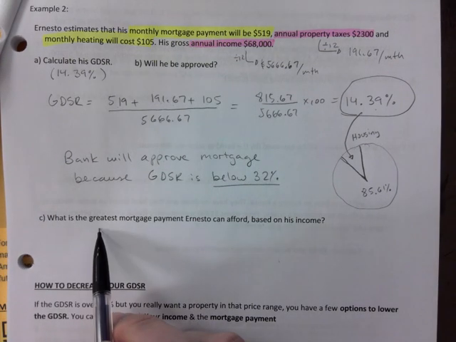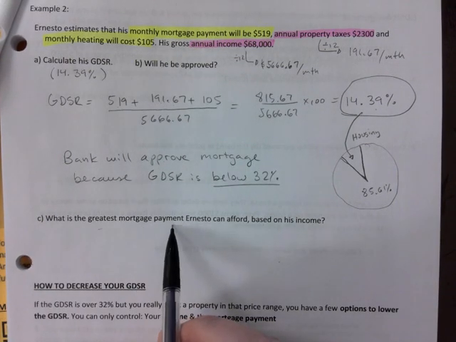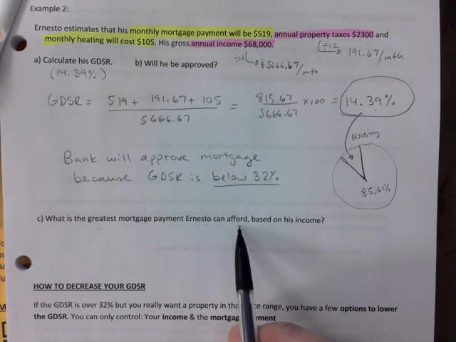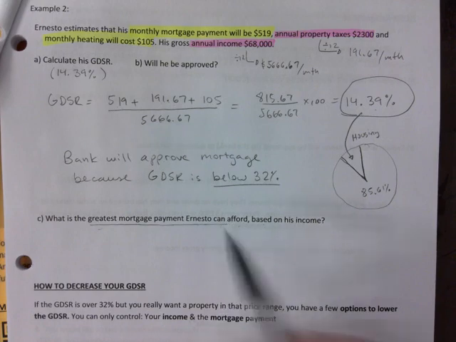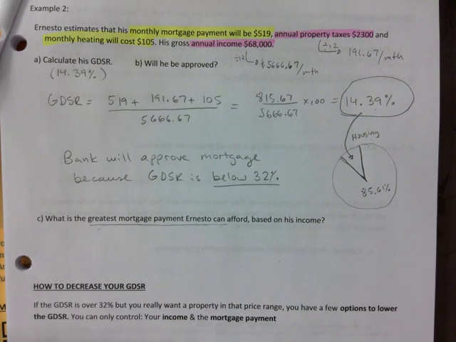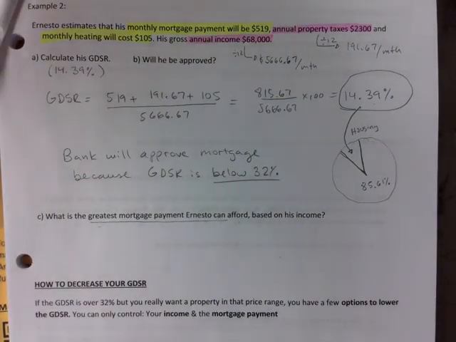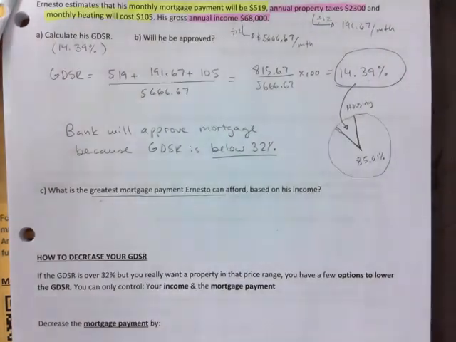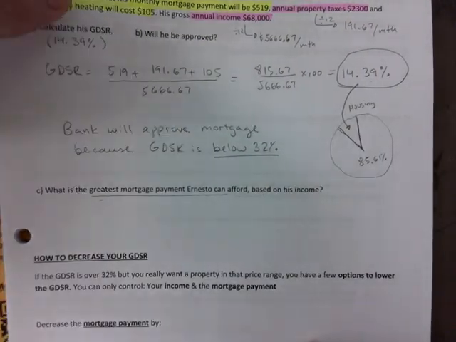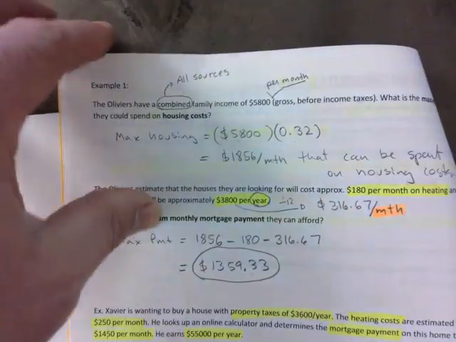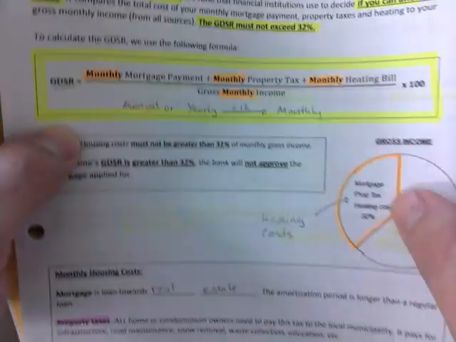What is the greatest mortgage payment Ernesto can afford? This is a classic question. And this is how I will do it for you here. Can I just show you the formula? Because I'm going to use a formula, but I may not use it exactly the way I gave it to you. If you go back to page 10 for a few moments here.